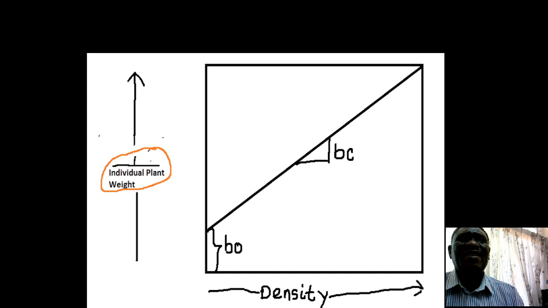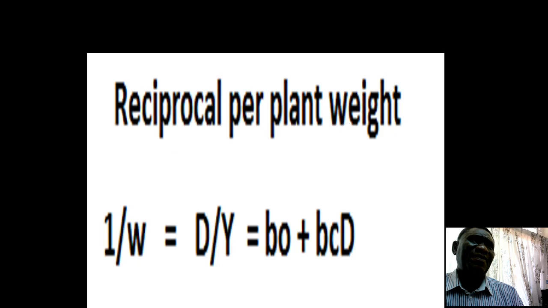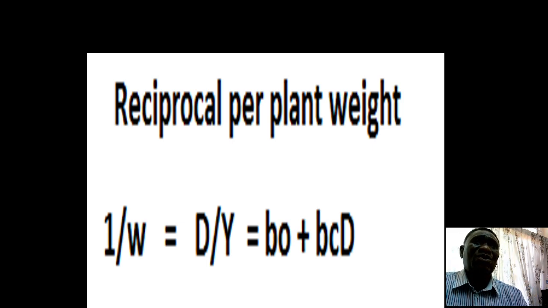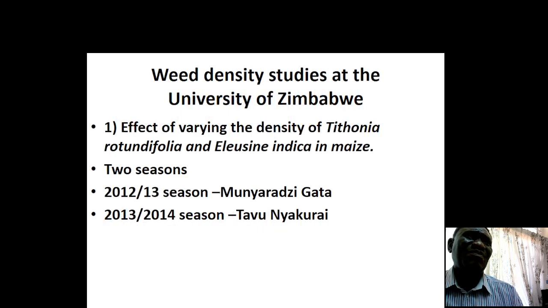BC is the slope, BO the intercept. So if we consider the reciprocal per plant weight, we get 1 over W, which is equal to D over Y equals BO plus BCD. We are going to use these concepts later.